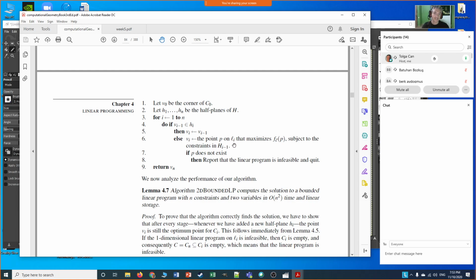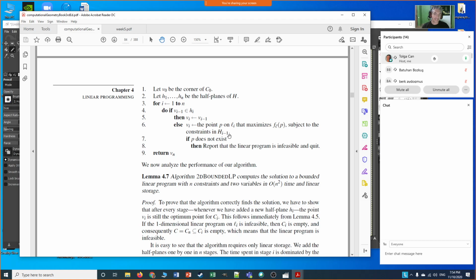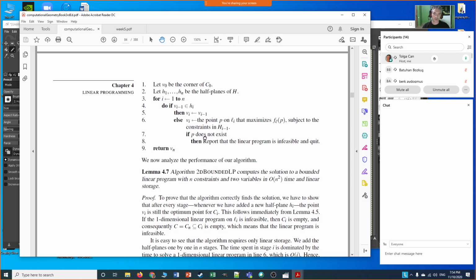Li is like our x-axis, and we go above or below based on the intersection points with the other half plane lines, Li minus 1, Li minus 2. Then we look at the intersection of L1 with Li, L2 with Li, all the way up to Li minus 1 with Li, and based on those intersection points, we define a feasible interval on Li. If the interval turns out to be an empty set, we report that the linear program is infeasible. Otherwise, we update to one of the endpoints of that interval.